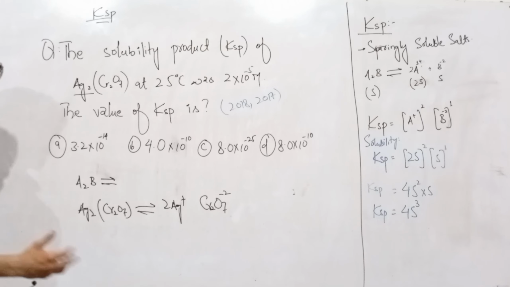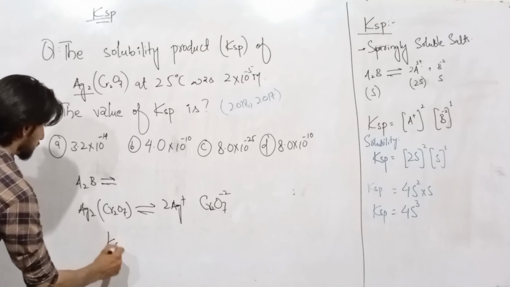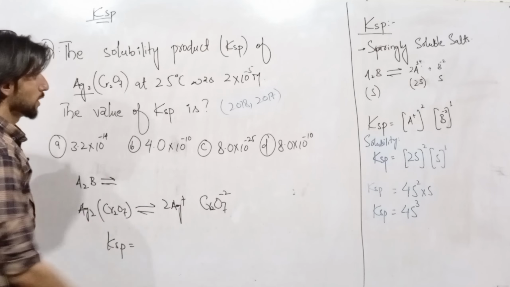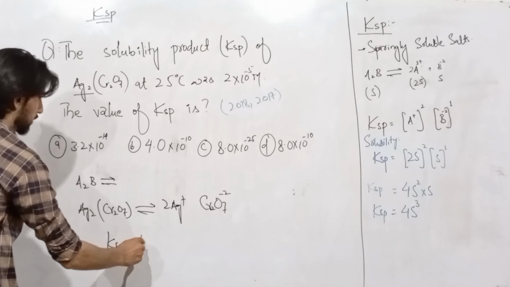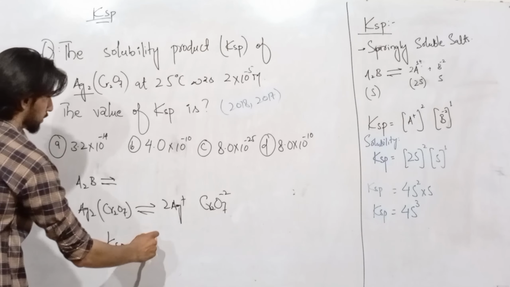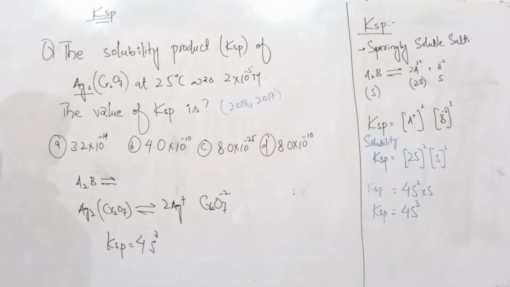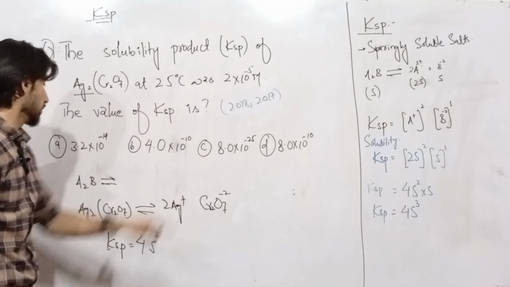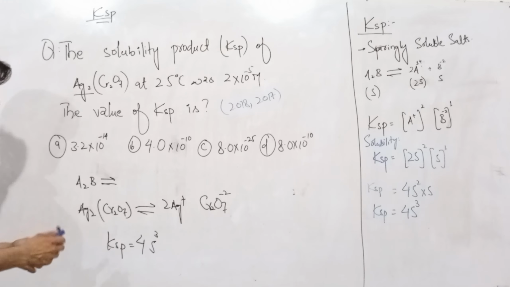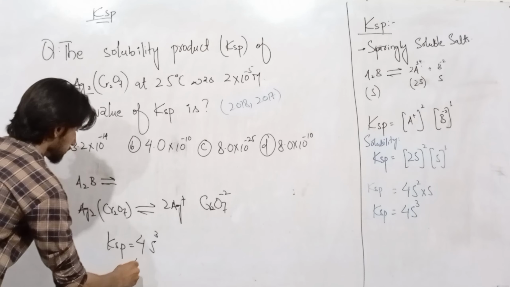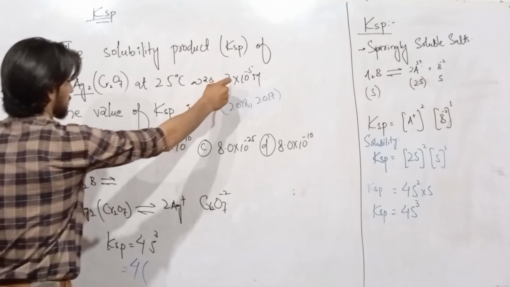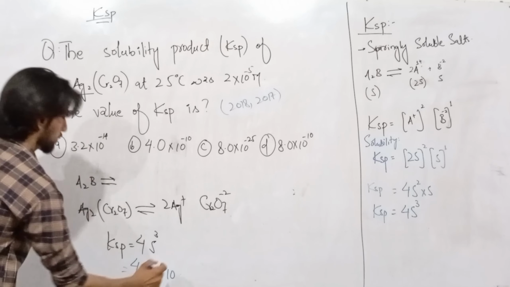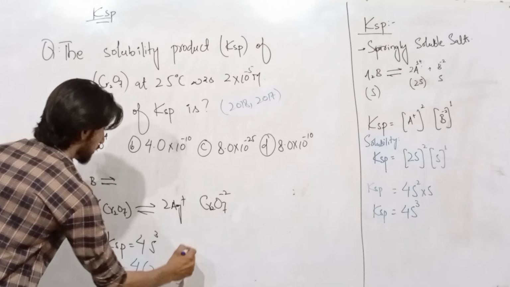So to find the solubility product Ksp of such a question, we have to use that formula, 4 times the solubility to the power 3. We are given the solubility of the salt, so we plug the value in here: 4 multiplied by 2 multiplied by 10 to the power minus 5, all to the power 3.